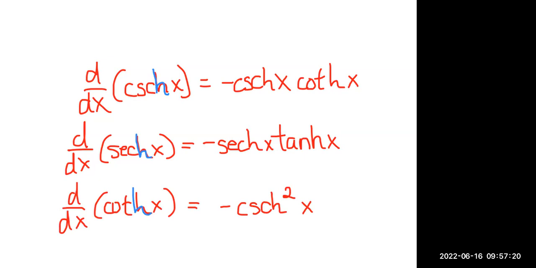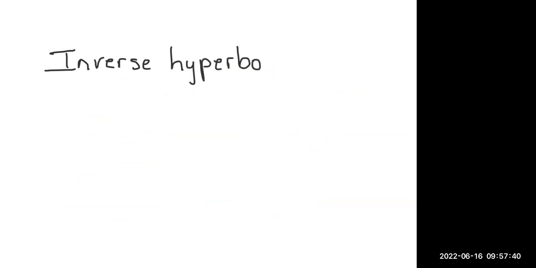There's those values. And then there's the inverse hyperbolic functions. And let me show you what those main ones. So those were the derivatives. But just to throw in one more thing, inverse hyperbolics have formulas too. And then you can find derivatives of them as well.